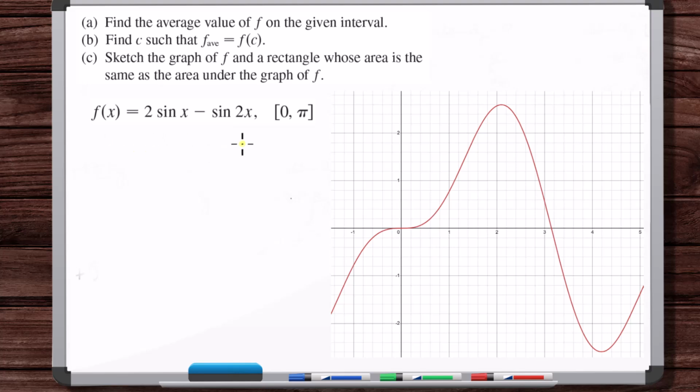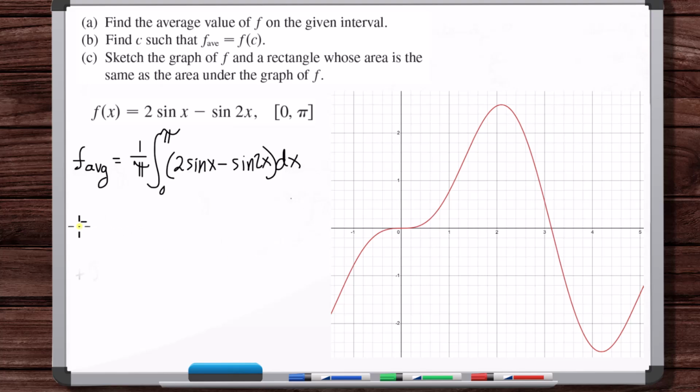All right, same type of problem. Let's start by getting f average. So this is going to be 1 over pi, that's b minus a, integral from 0 to pi of 2 sine of x minus sine 2x dx.